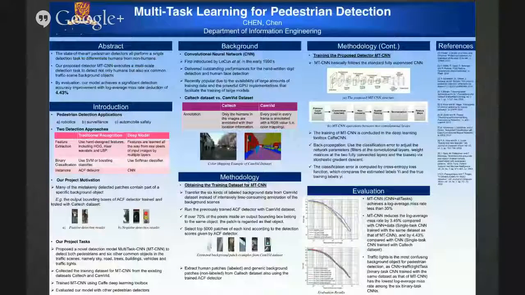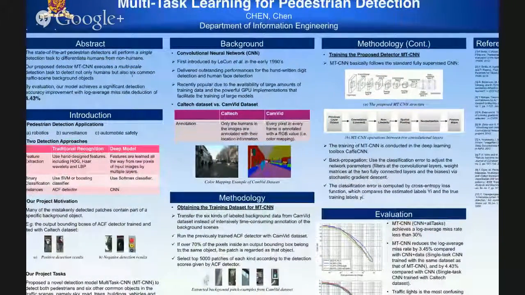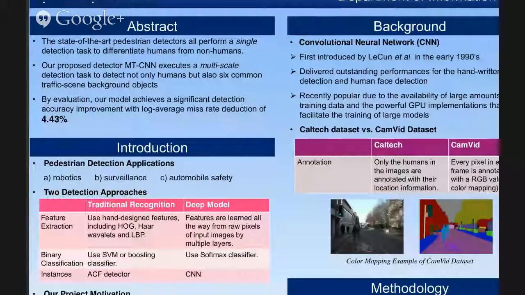So my project is about human detection in the traffic scene. The state-of-art pedestrian detectors all perform a single detection task, which only differentiates humans from background, i.e. the non-humans.